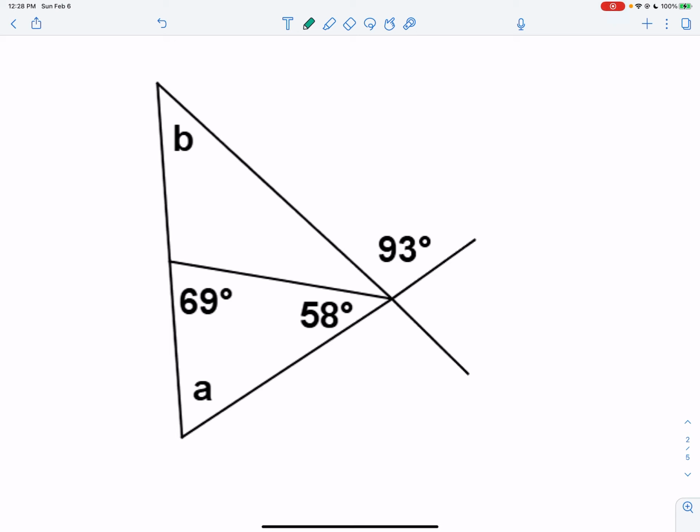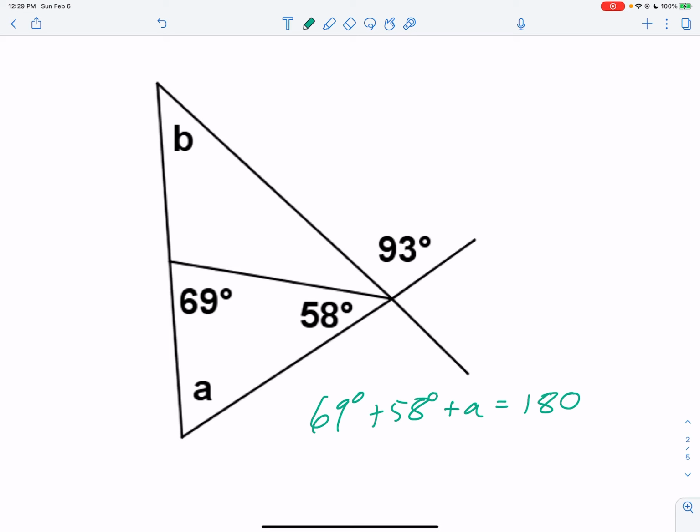So if I look at this, I have two angles inside of a triangle. Whenever I have two angles inside of a triangle, I can find the third one really easily. I'm going to take 69 degrees plus 58 degrees plus A and set that equal to 180 degrees, because we know the property that all three angles in a triangle add up to 180 degrees.